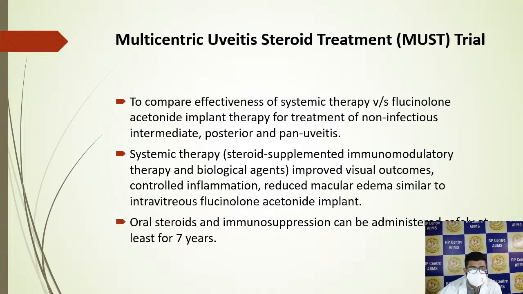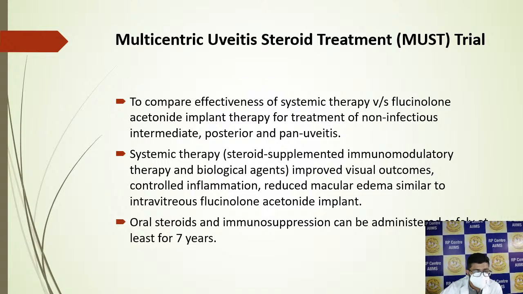There was a trial conducted, the multicentre uveitis steroid treatment trial. It was used to compare the effectiveness of the standard therapy, which is systemic corticosteroid therapy, versus the fluocinolone acetonide implant for the treatment of non-infectious intermediate, posterior and panuveitis.